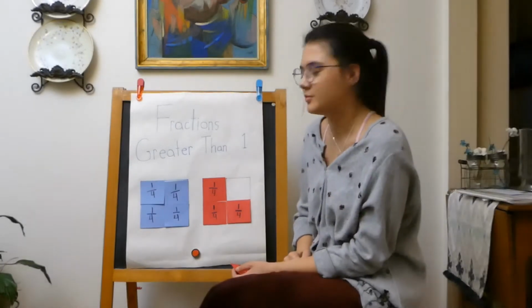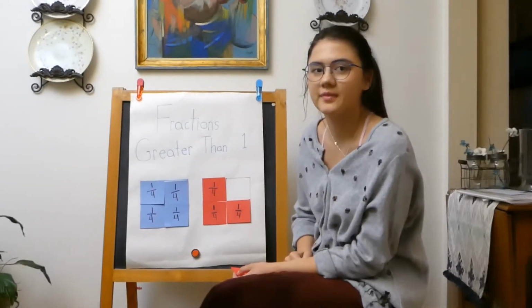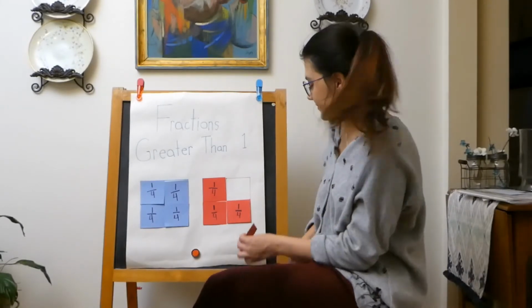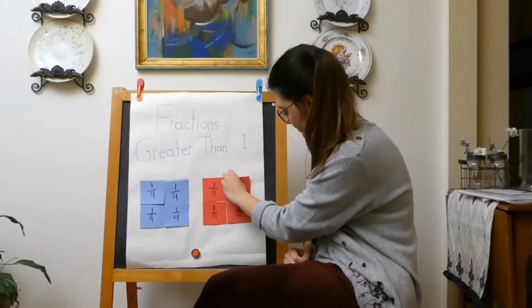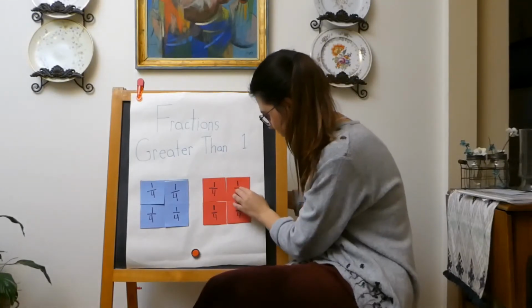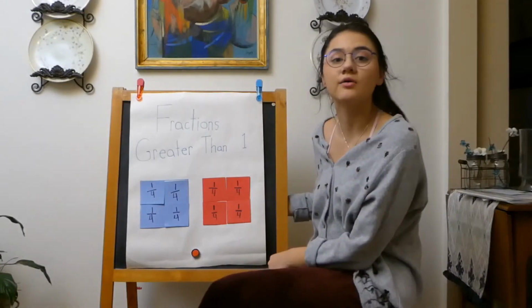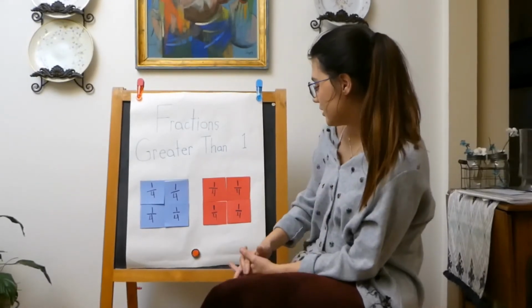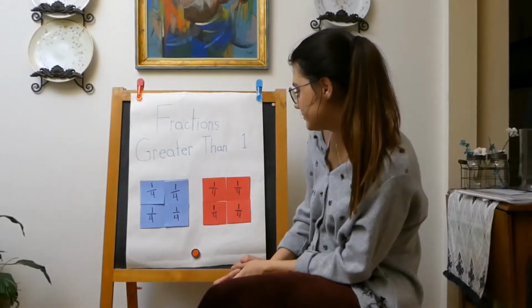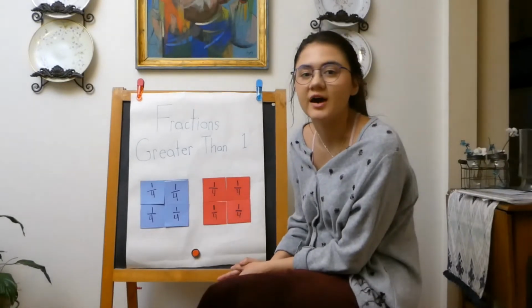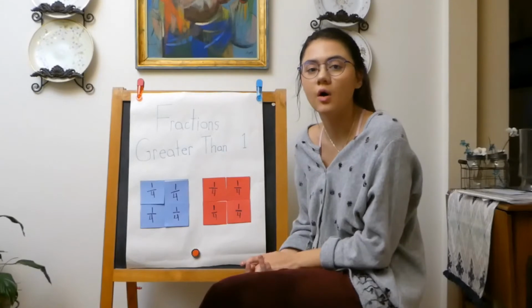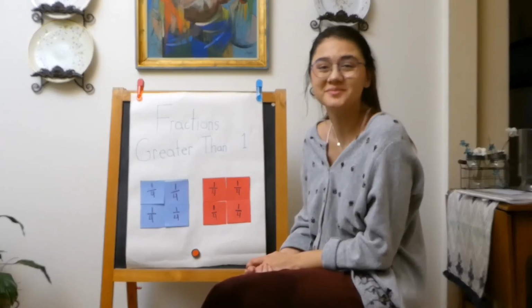Look at that, we're almost at a full square. Now what does 8/4 look like? Wow, that's 2 wholes. So we could say that 8/4, if we divide that, 8 divided by 4, that's 2. So that's 2 wholes. Isn't that awesome?